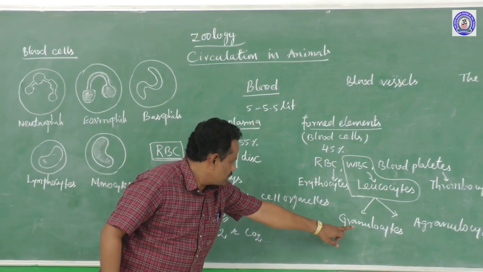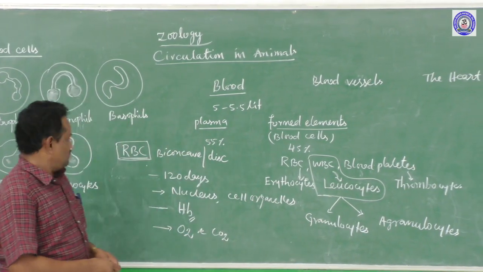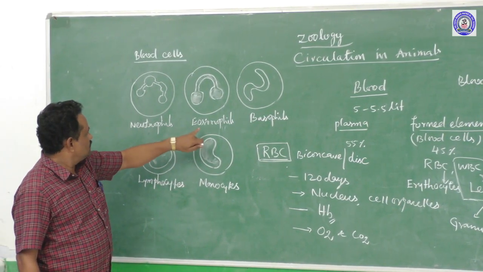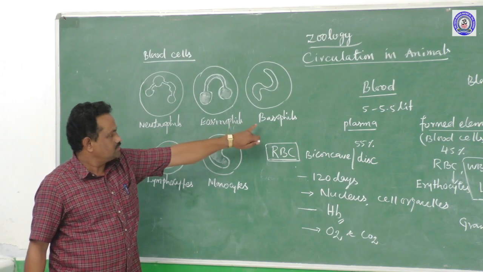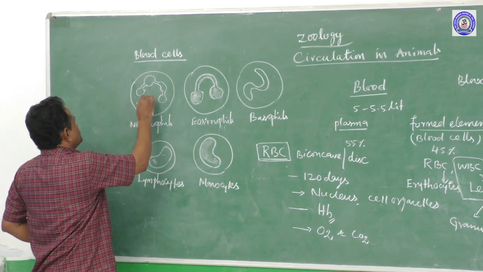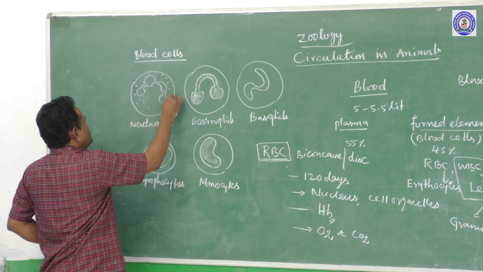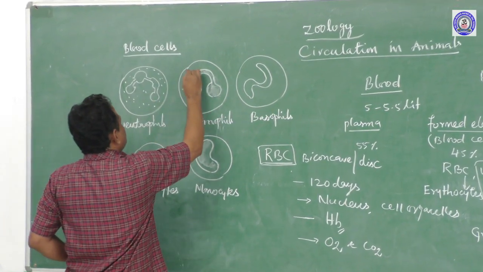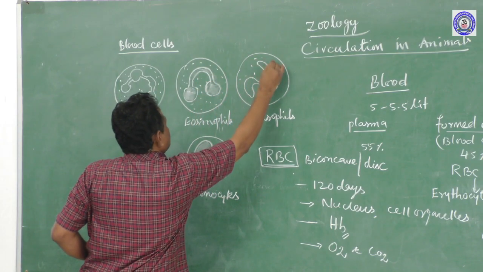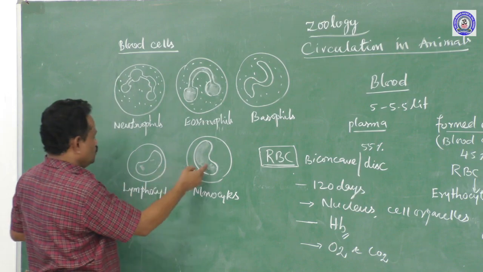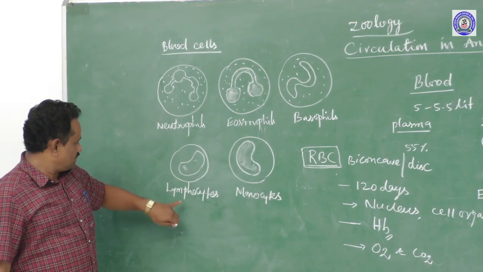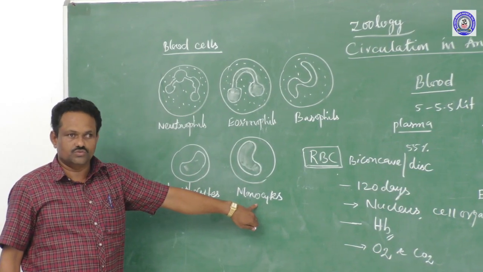The major granulocytes are: one is neutrophil, second eosinophil, third basophil, because in the cytoplasm of these WBC cells, the granules are present. The granules are absent in the case of agranulocytes. The agranulocytes are lymphocytes and monocytes.